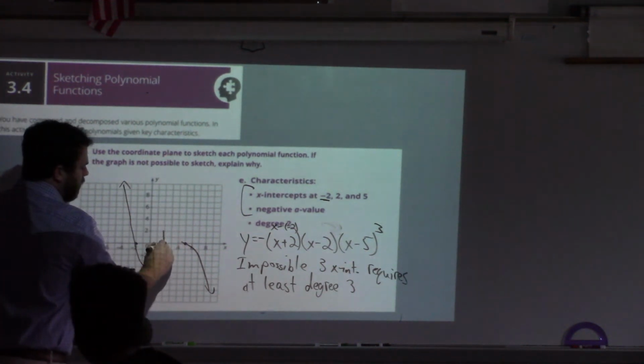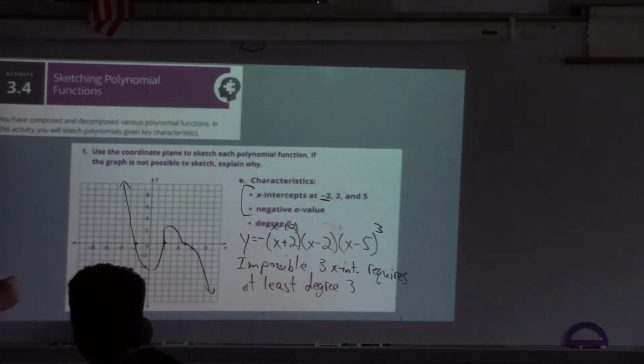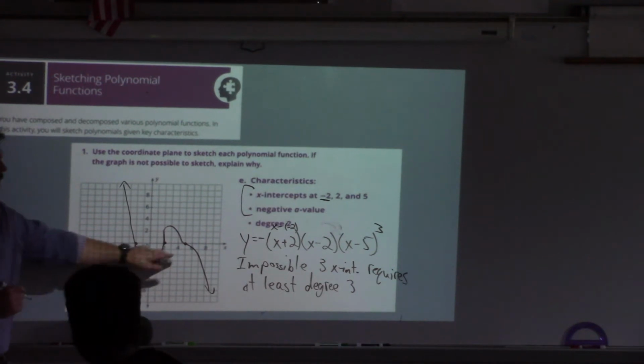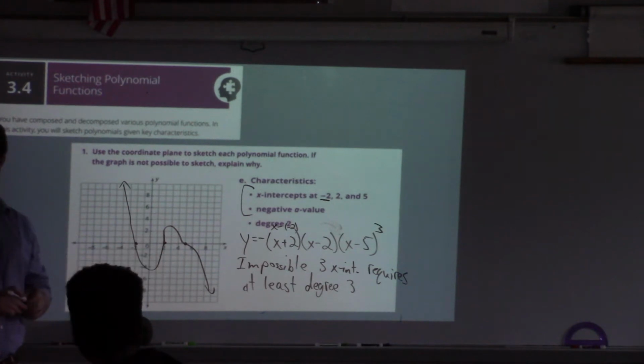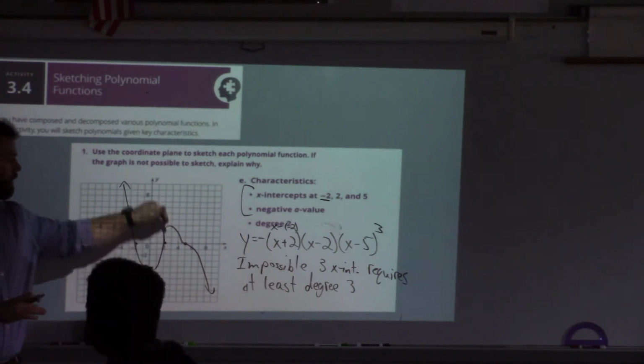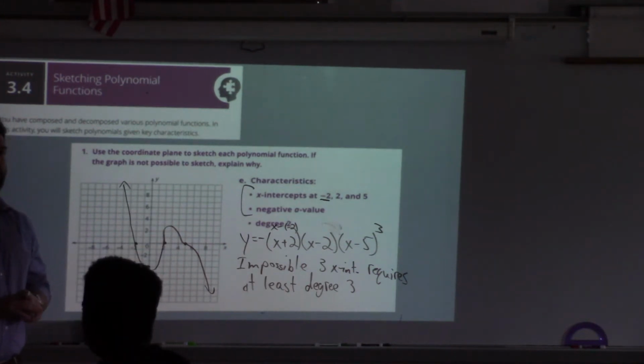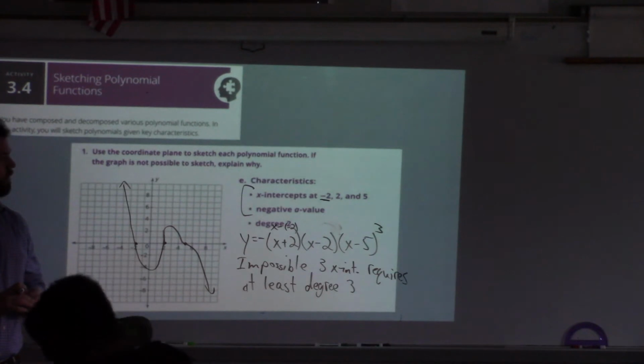And so what I'm trying to get us to see here is how to sketch based on different details that we know. So why in the world did it have this squiggle through here? Please don't draw this, but why would it have this squiggle? Why wouldn't it just go straight through?